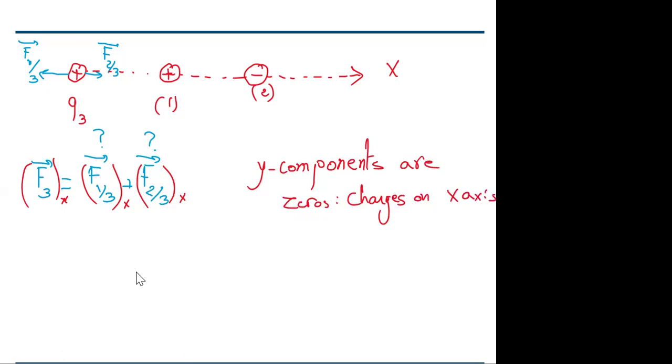Good. Let's start now with the calculation of the first. F1 on 3 in magnitude, according to Coulomb's law, is equal to K, Q1, Q3 in absolute value divided by the distance between 1 and 3 squared. So it will be 9 times 10 to the power 9 times Q1, how much? And Q3, how much?